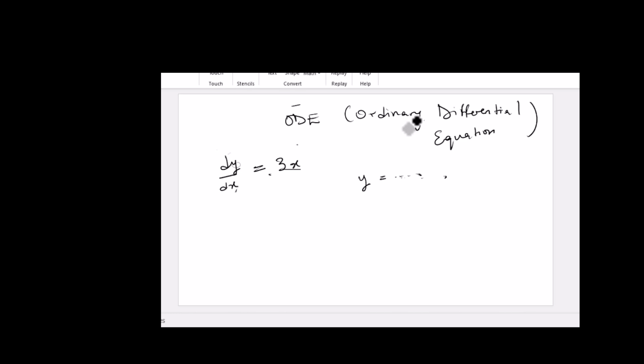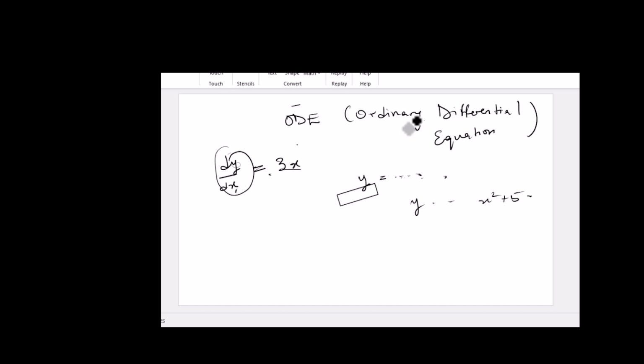So instead of having it in a differential form, we want to change it to an equation form, like just having y equals something, y equals a function of x, maybe x squared plus 5x. You know what I mean? So you don't want to just have dy/dx because you don't really understand how it's changing.